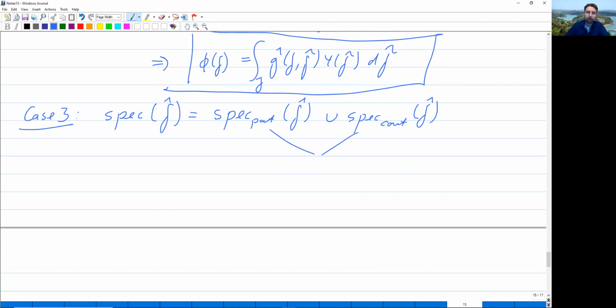And both are non-empty. So the spectrum has both continuous stretches and discrete points.